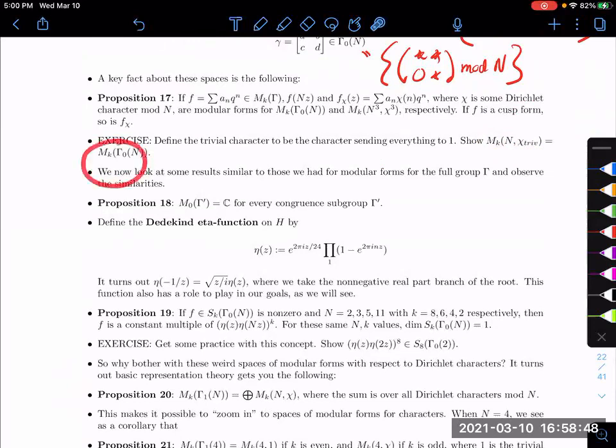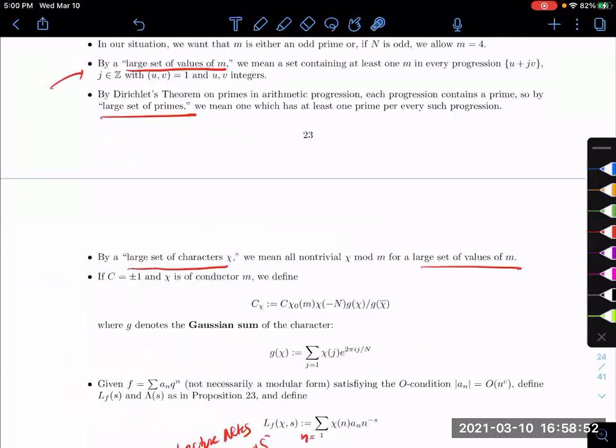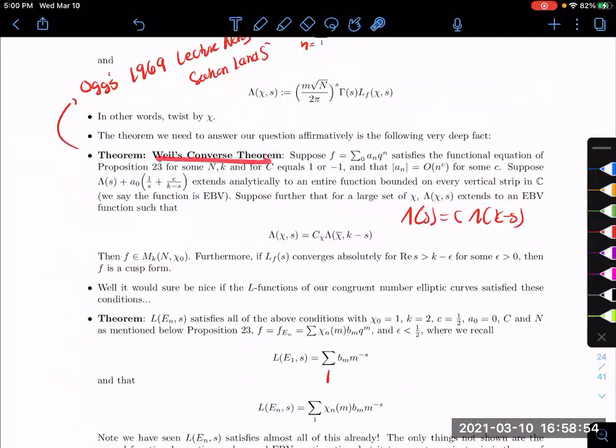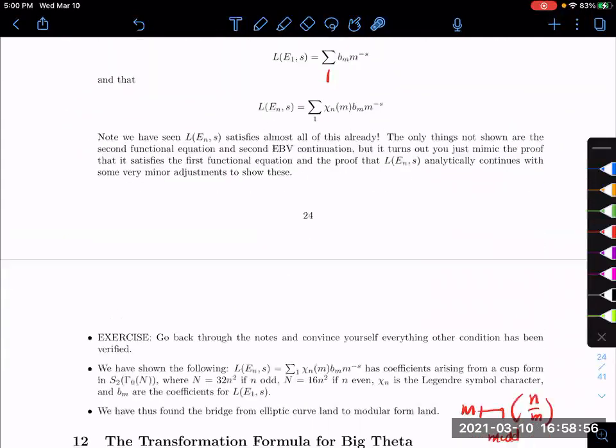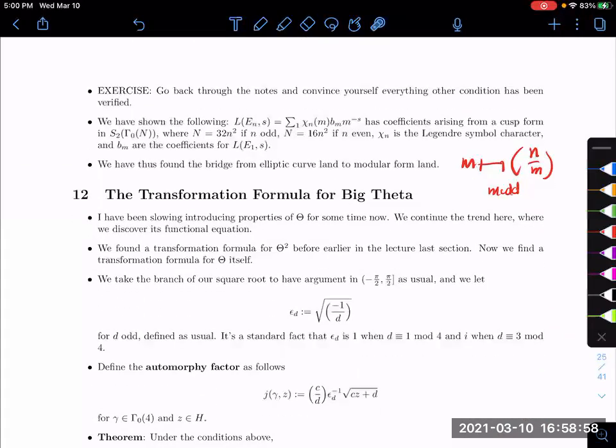So that's why we get this, okay? Because our character incidentally happens to be trivial in Baker's converse theorem applied to our situation. So our L function has coefficients that come from a weight 2 cusp form for a level capital N congruent subgroup. That's what we've learned.